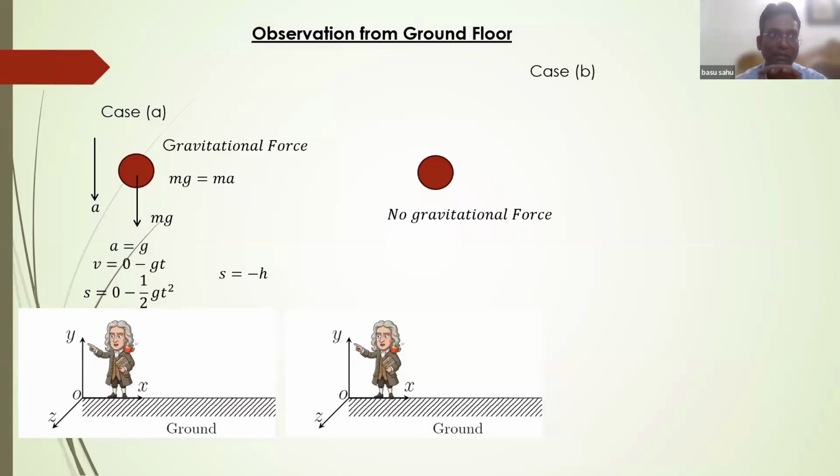Why will there be an initial velocity? Because the space shuttle is moving with acceleration g. That means at the time I have chosen, t is equal to 0, definitely the ball, the space shuttle, including the person inside the space shuttle, everybody has the same initial velocity u.